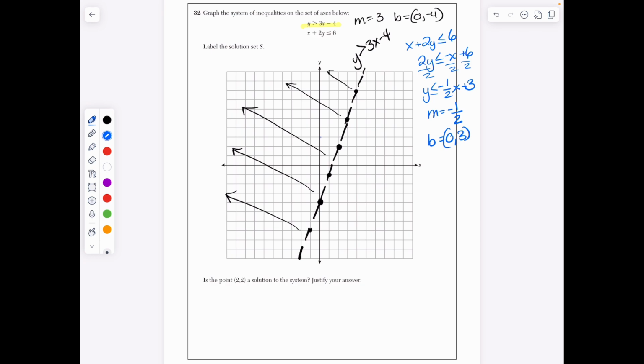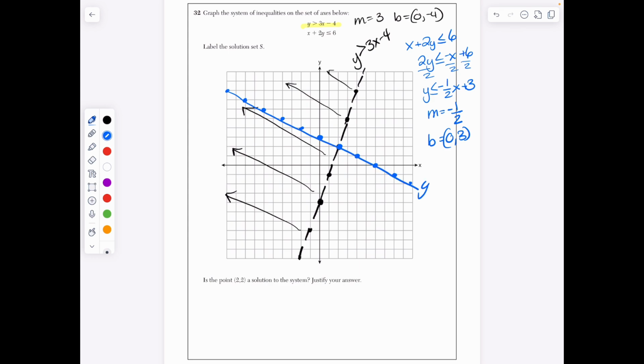So let's start here at my intercept, and now my slope is to go down 1 over 2. So down 1 over 2, they overlap right there. And I'm doing the opposite, going up 1 over 2 in the other direction. And because this one is less than or equal to, I can connect the line.